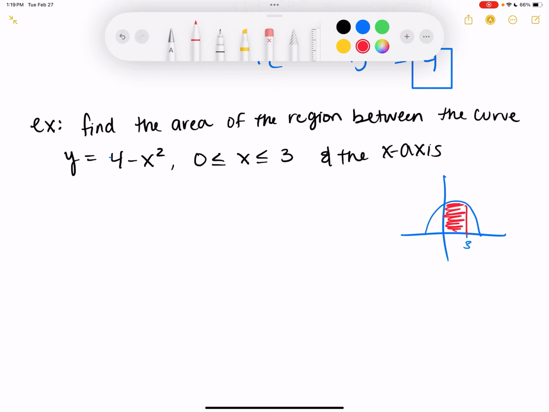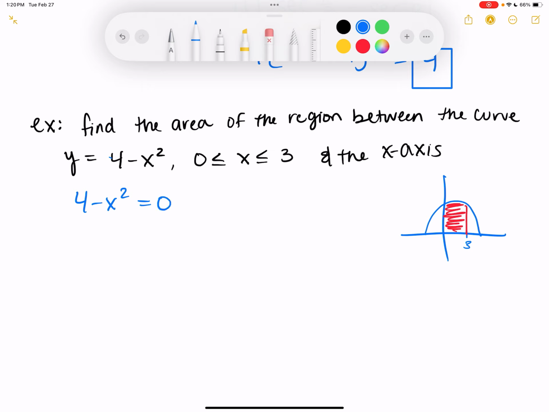So what I'm going to do is set this equal to 0 and see if I need to partition it at all. Partition means to break into parts. So 4 minus x squared equals 0.